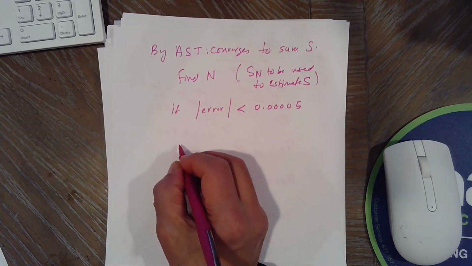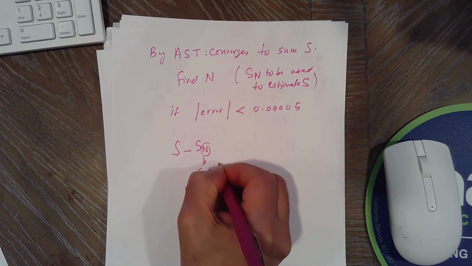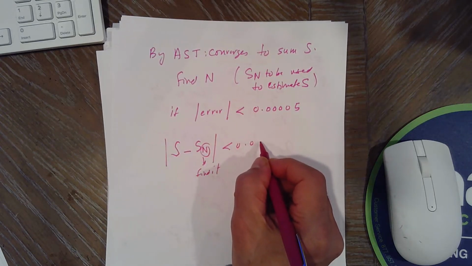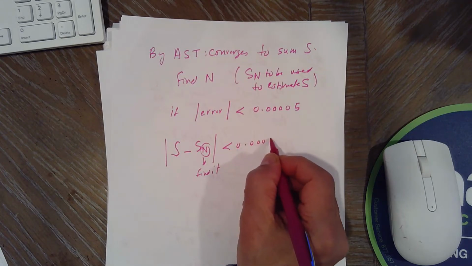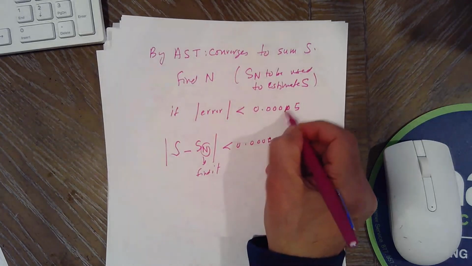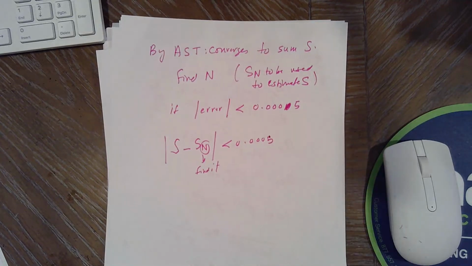So if I want S minus Sn, I need to find this n such that the difference in error is less than, 3 zeros, not 4, 0.0005.